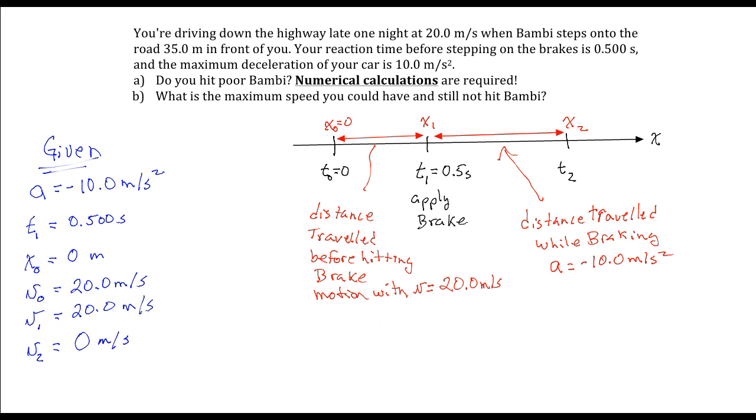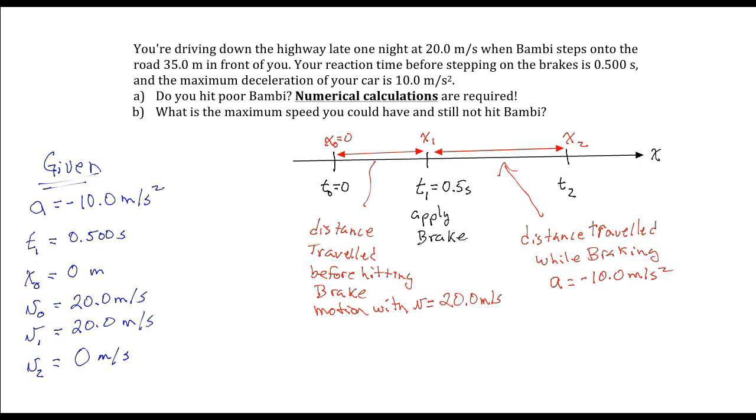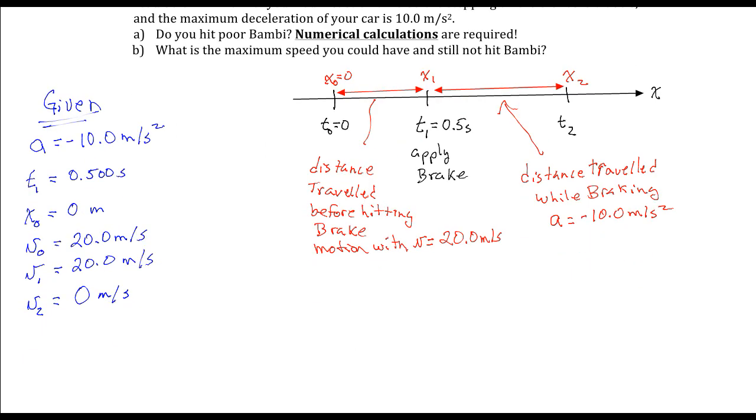Okay, so do we hit Bambi or not in this problem? Well, let's do some calculations. The first time interval from t equals 0 to 0.5 seconds is motion with constant velocity. We have a nice formula for that. We know that x1 is equal to our initial position plus our velocity during that time, v naught, times t1, our time interval.